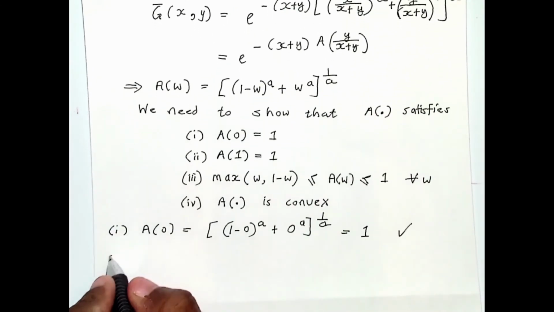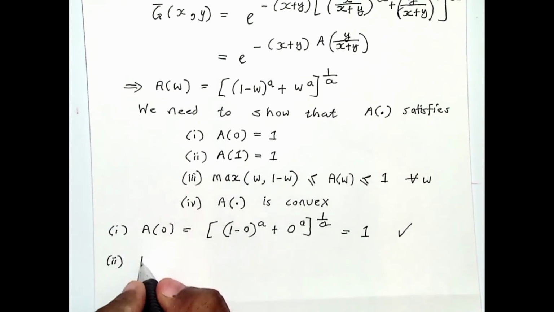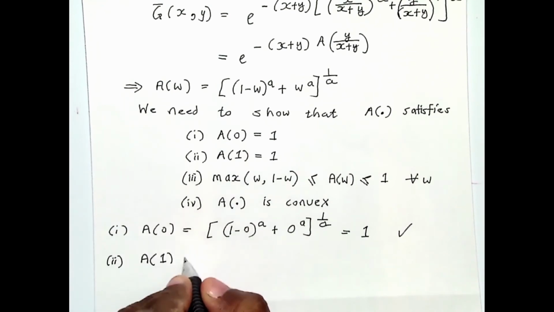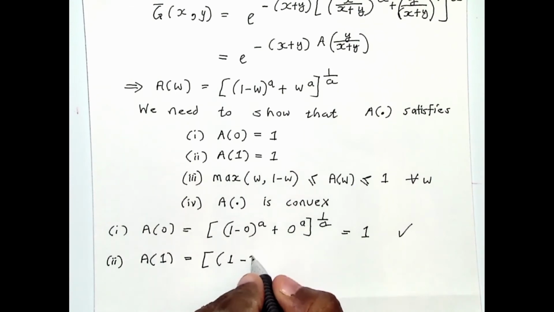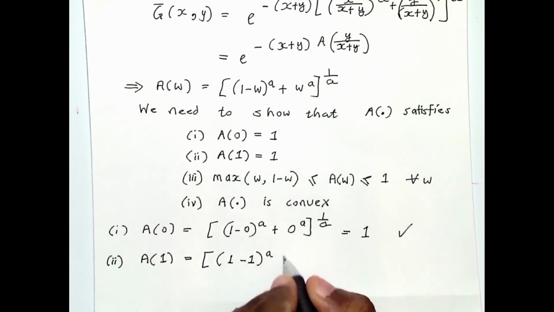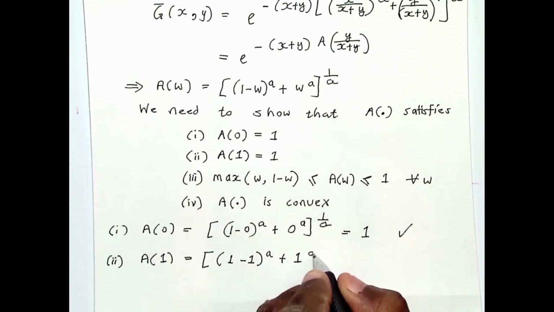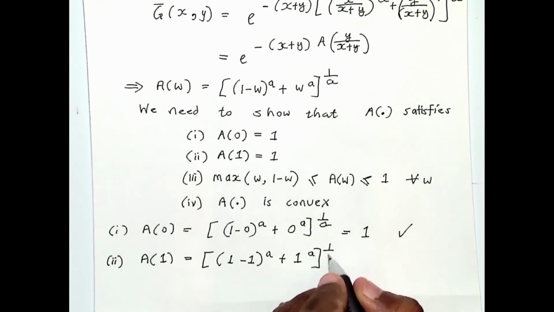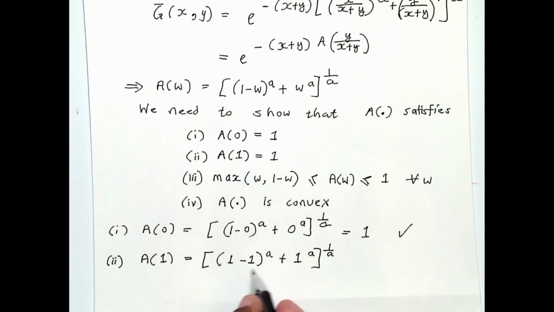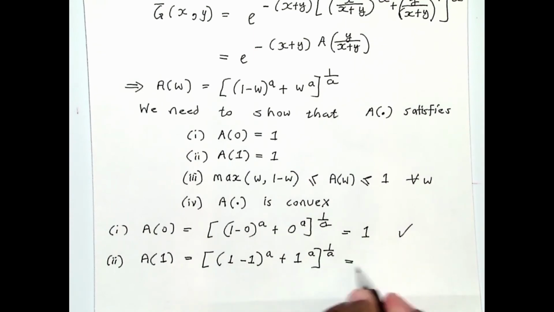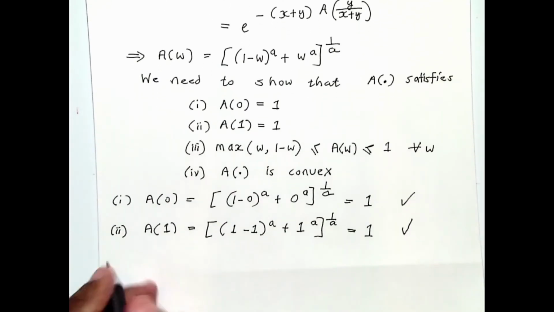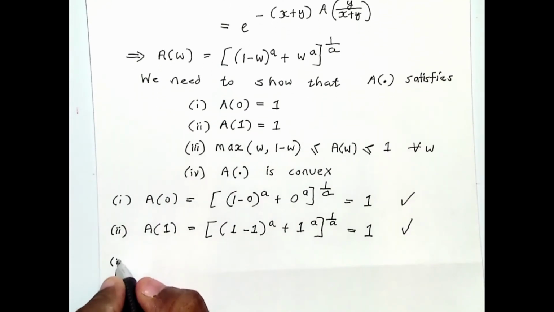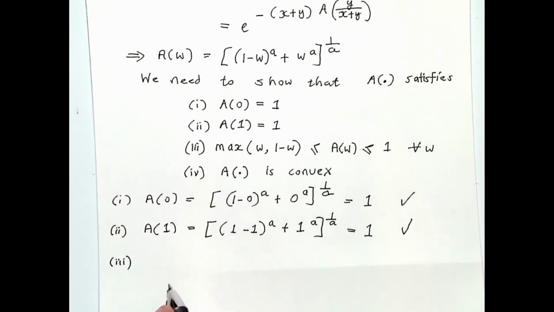Okay. Condition 2 is that a at 1, which is, right. So this is 0, this is 1, so you get 1 again. Okay, and condition 3. Now to show condition 3 I need to do 3 things, right?